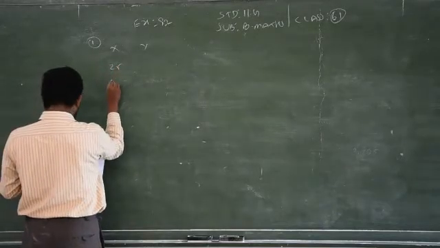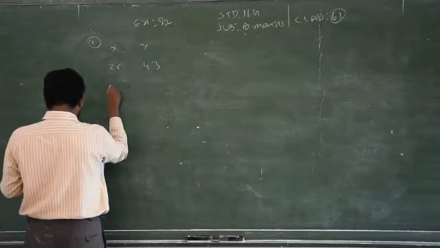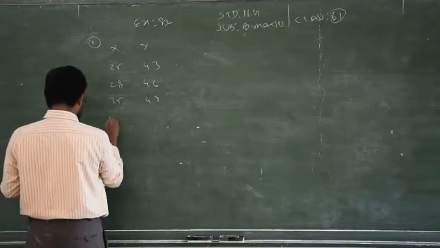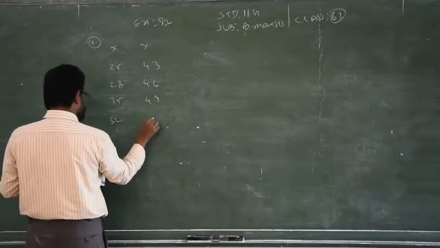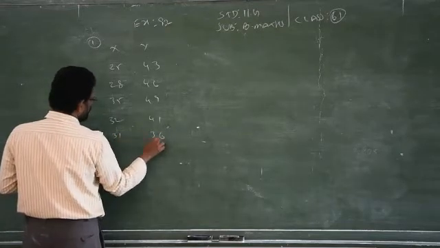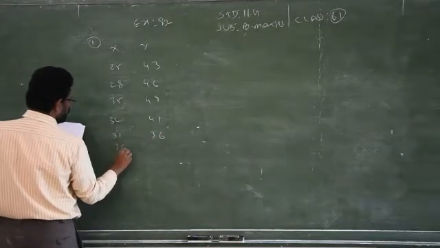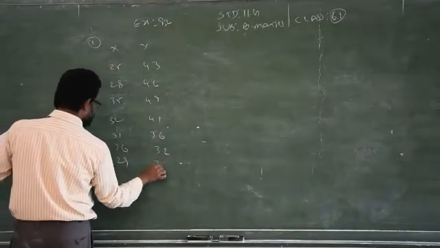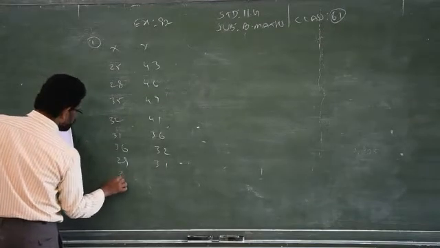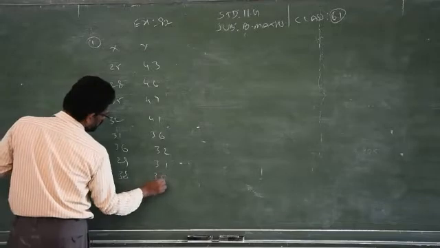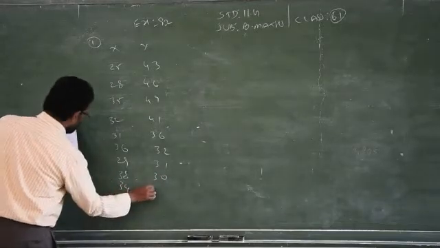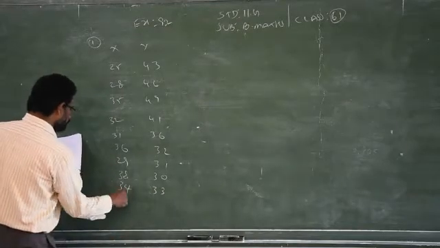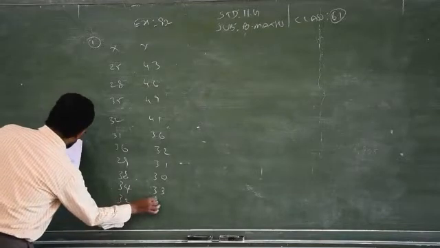Marks in economics: 25, I am writing simultaneously 25, 43, 28, 46, then 35, 49, 32, 41, 31, 36, 36, 32, 29, 31, 38, 30, 34, 33, then the next one 32, 39.